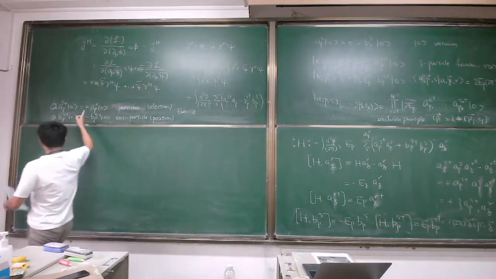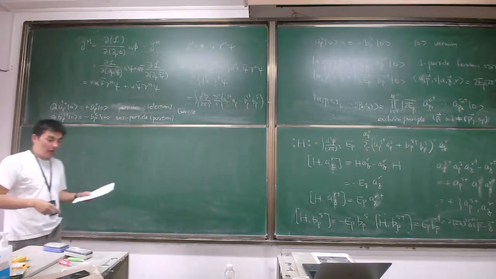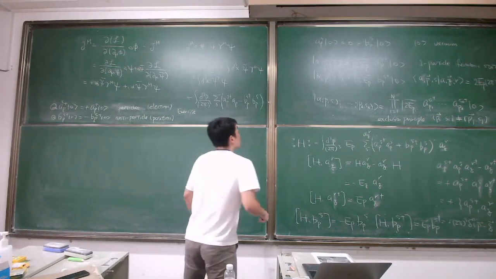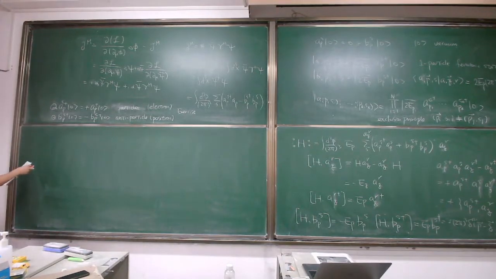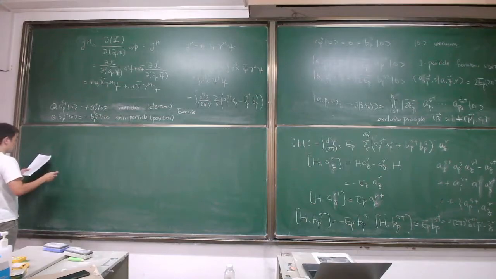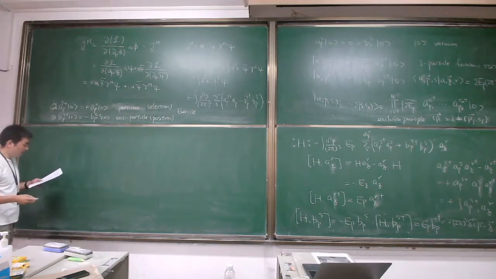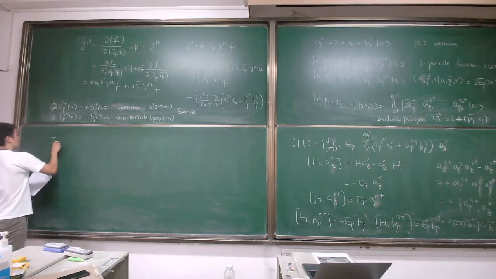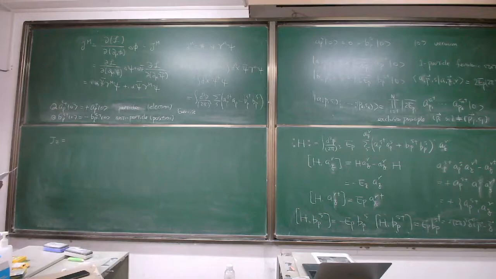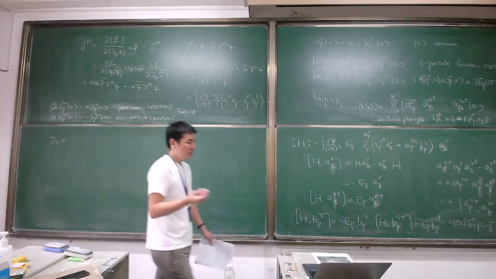So another way to see how they are different is that you can just consider the spin charges for these states. As you can easily see, you have to use Noether's theorem again. So the Noether charge, the spin charge, is J^z.